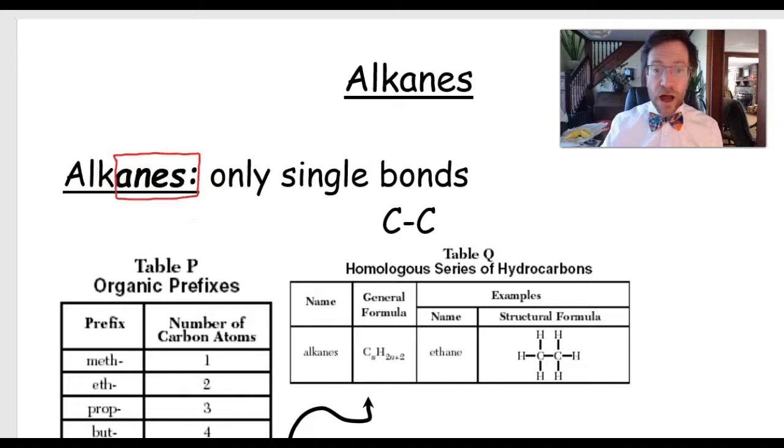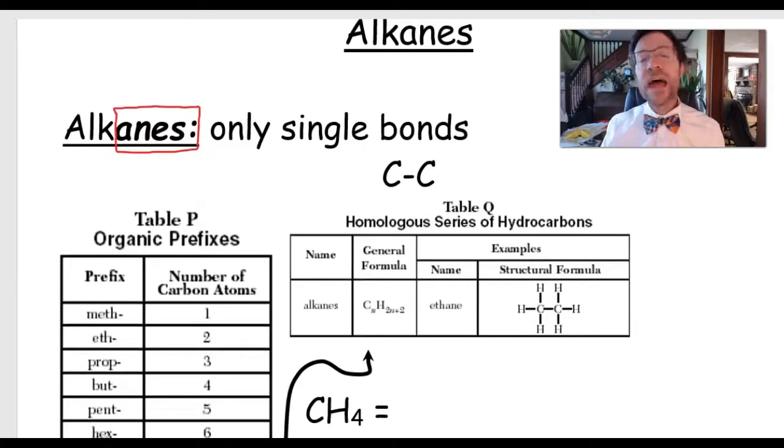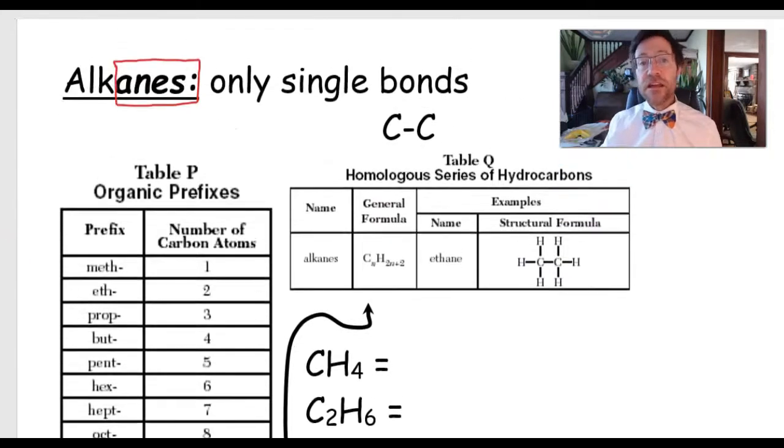Only single bonds. Oh yeah, saturated, right? Because single bonds are saturated. That means every carbon is going to have this kind of bond in it, only one at a time.